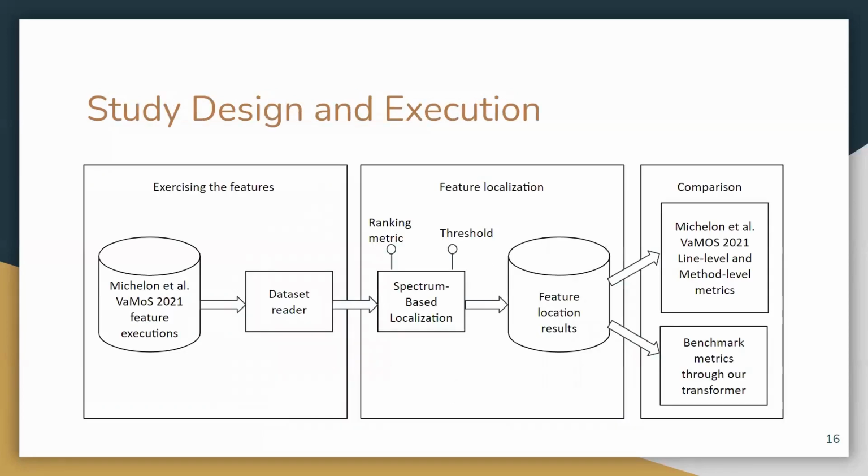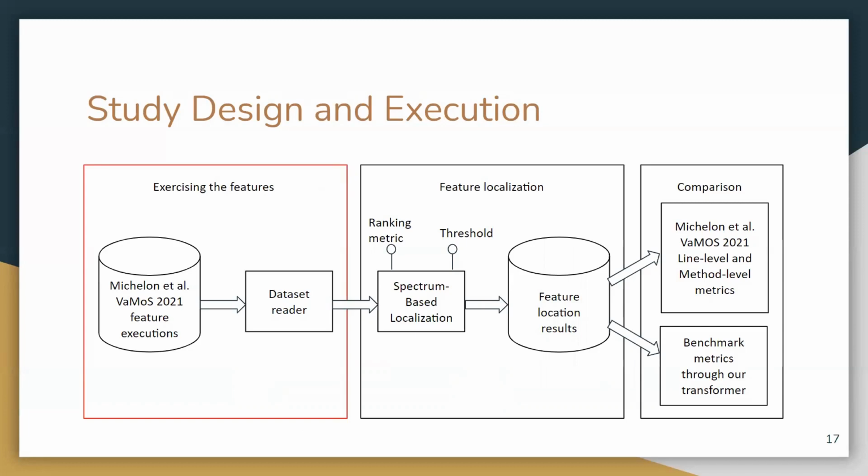We now show our study design and execution. We first need the exercise of the features, which we reused from Michelon et al. 2021. These traces were made publicly available in files with data about the lines of code that were executed per feature. Two scenarios were analyzed.